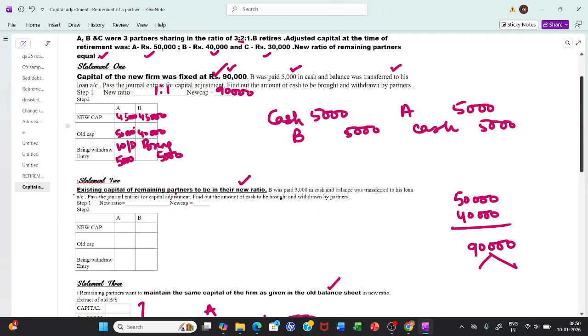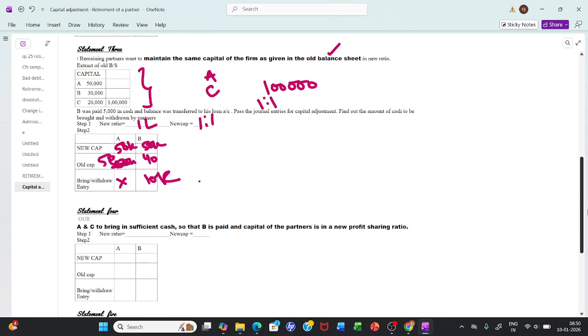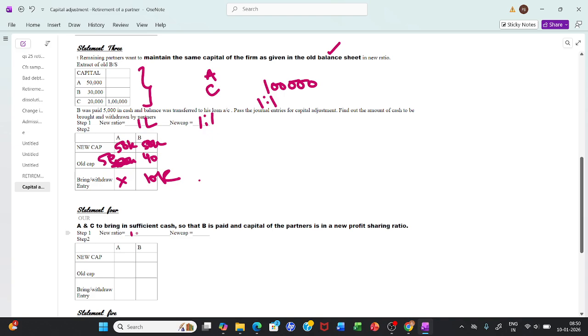Sorry, there is a correction. This should be 30,000. He brings in 15,000. So accordingly, the change would be made in all. So here the capital would be 50 and 40, 90 plus 30, 120. So total capital of new firm becomes 120, which they divide in new ratio of 1 is to 1. So new capital is 60,000 each.